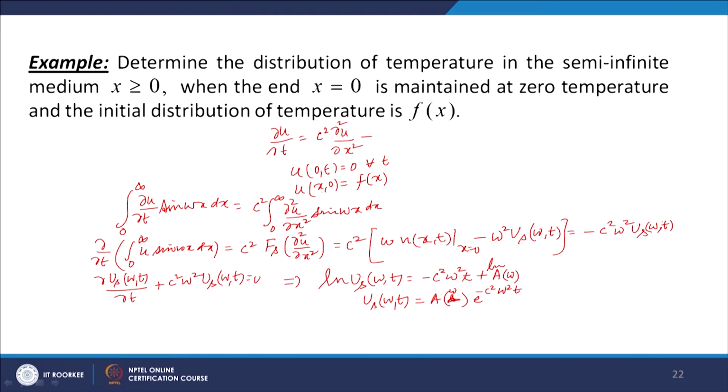Now, at t equal to 0, u(x,0) equal to f(x). Let us look at this. We have u_s(omega,t) equal to the integral from 0 to infinity of u(x,t) into sine omega x dx. This we defined. So, we put t equal to 0 in this, then u_s(omega,0) equals the integral from 0 to infinity of u(x,0) sine omega x dx, and this is nothing but the integral from 0 to infinity of f(x) sine omega x dx.